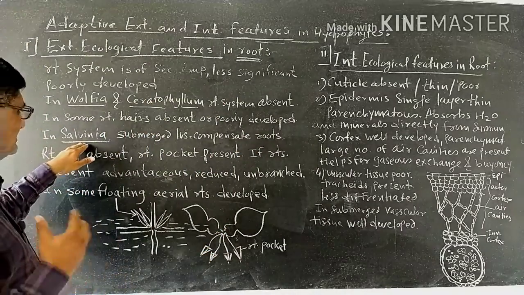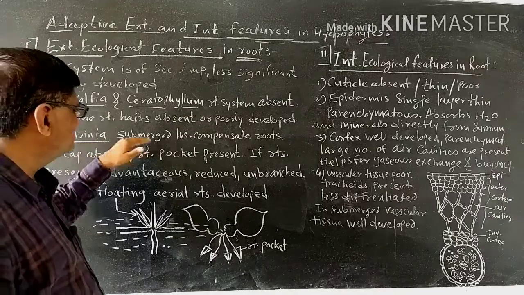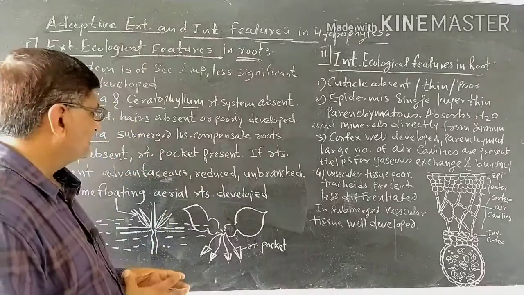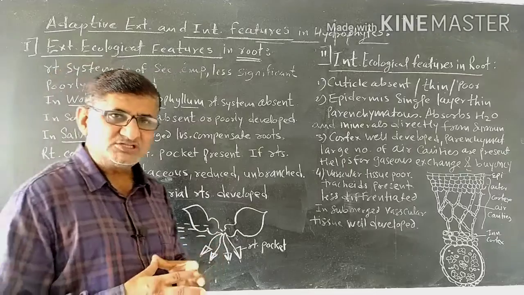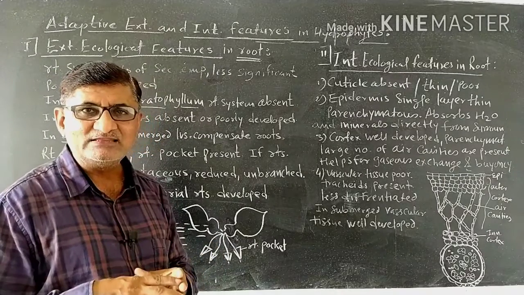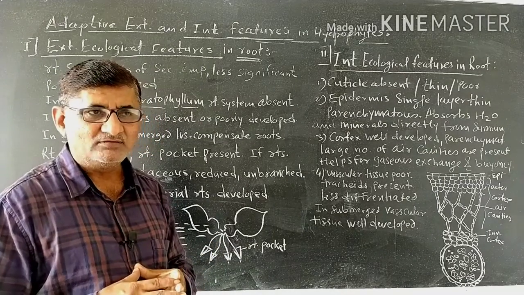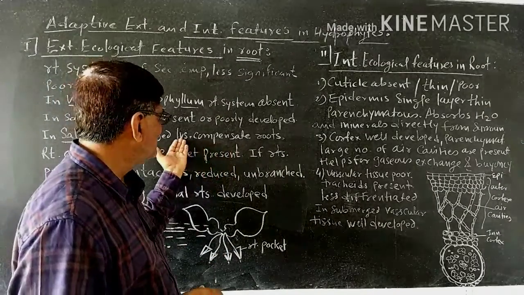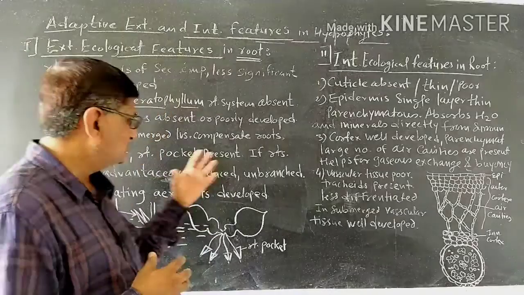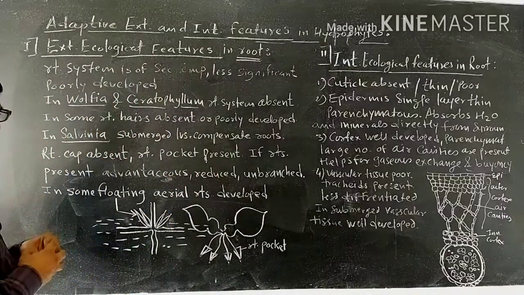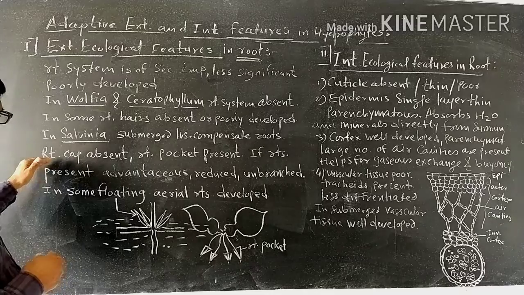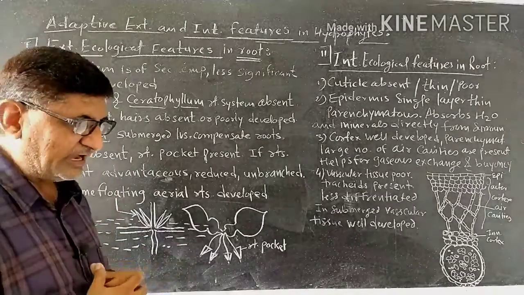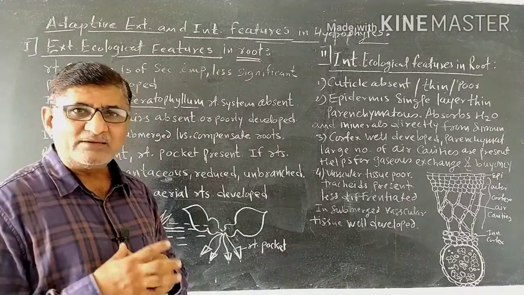In Salvinia, one of the submerged hydrophytes, the root system is compensated by the dissected leaves, meaning whatever function the root system has is taken over by the dissected leaves.